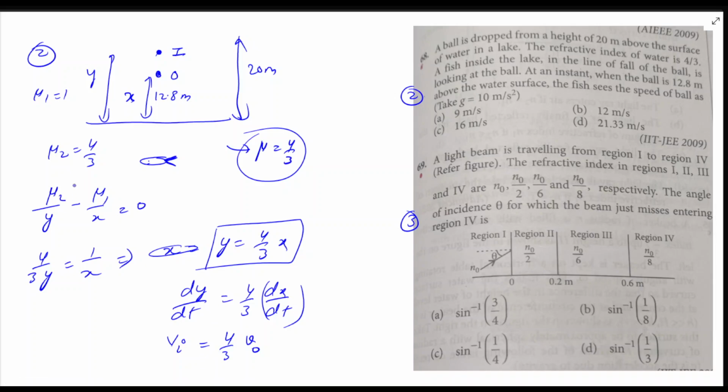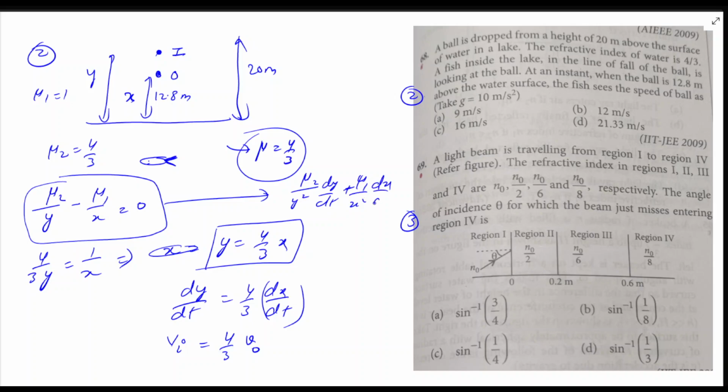Now, there may be a question that you will get: let's differentiate here. If you differentiate here, you will get mu2 by y square dy by dt minus mu1 by x square, plus dx by dt, equals 0. This is actually wrong.